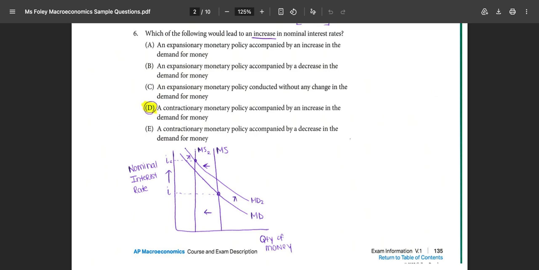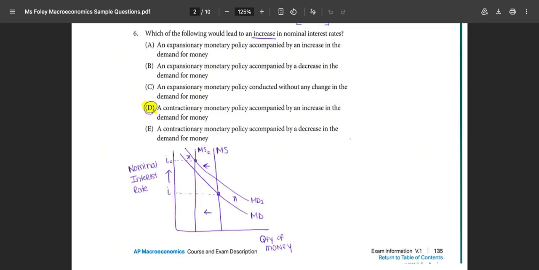Expansionary will make money supply move right, and that's going to drop nominal interest rate. So I'm zoning in on contractionary monetary policy because that's going to decrease the money supply and make interest rates go up. And then what is going to make interest rates go up? Money demand going up or money demand going down? And that's going to be money demand going up. So that is letter D.